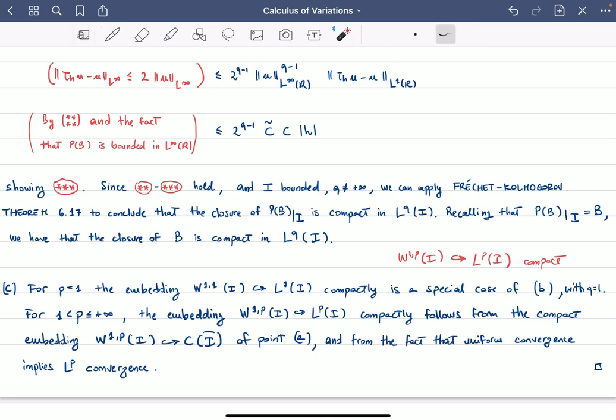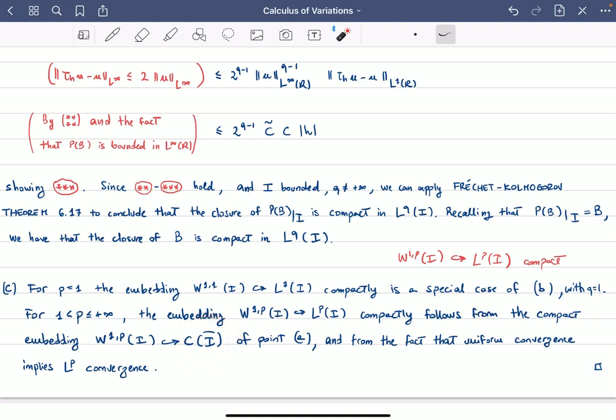And instead, for P between 1 and plus infinity, with 1 excluded, the embedding that we want to show, compactly of course, follows from the compact embedding that we showed in point A. If you take a subset here which is bounded, this embedding tells you that the closure of this subset is compact in these functions here.